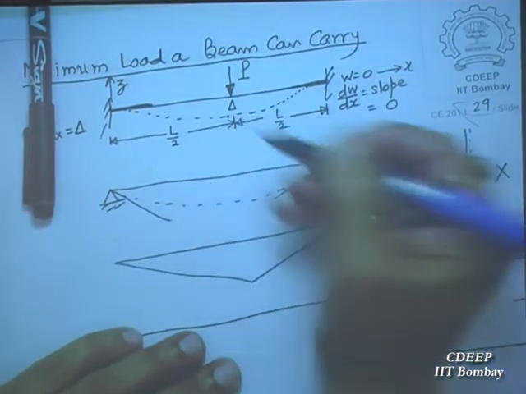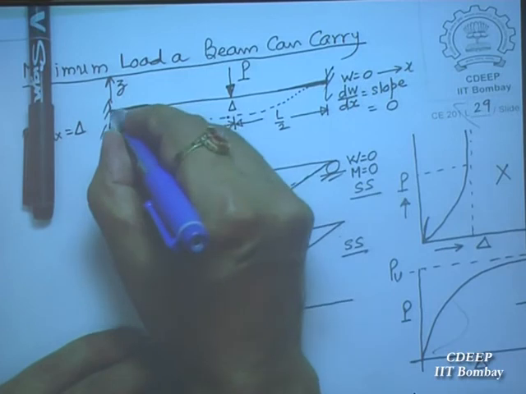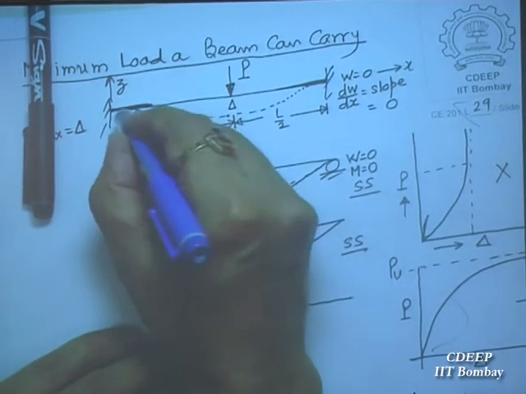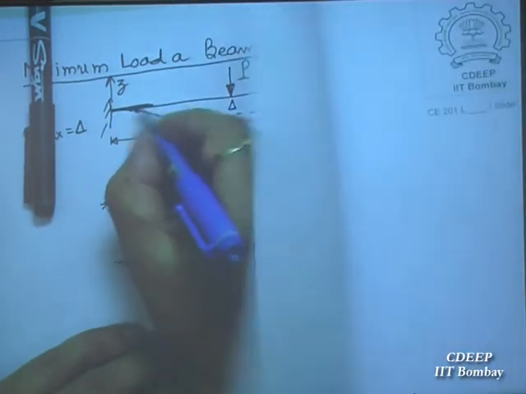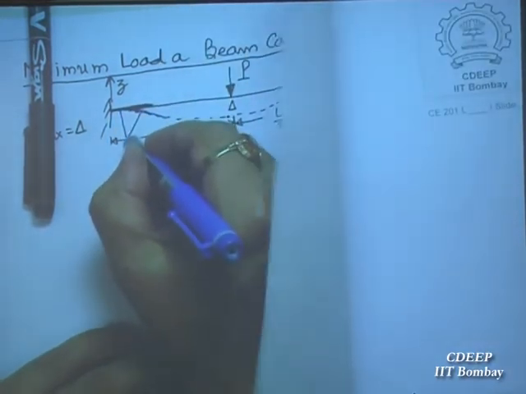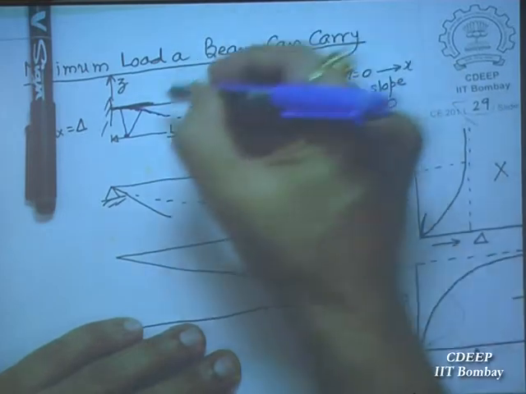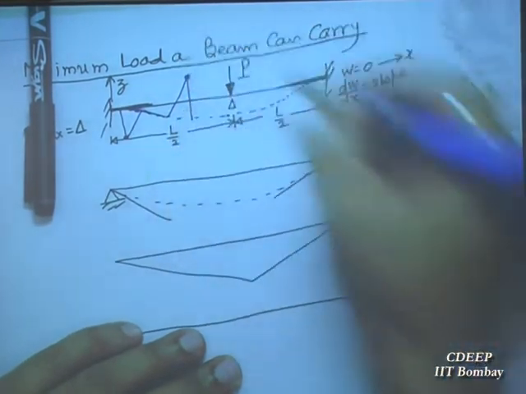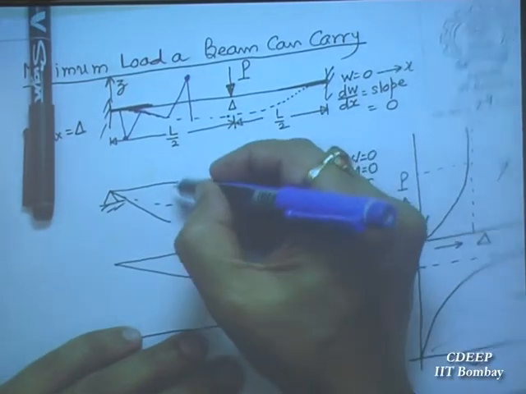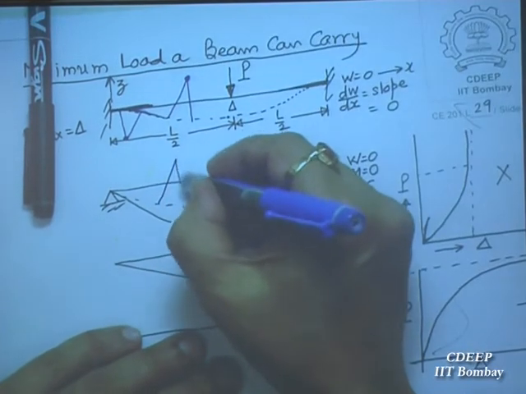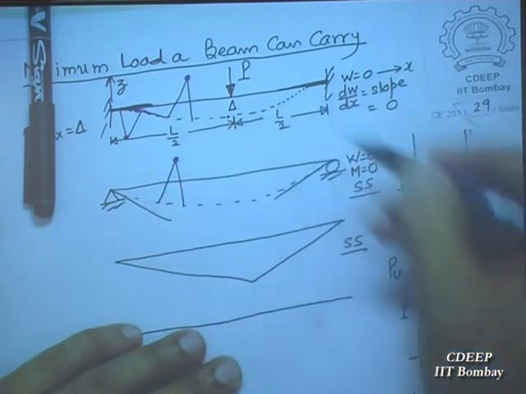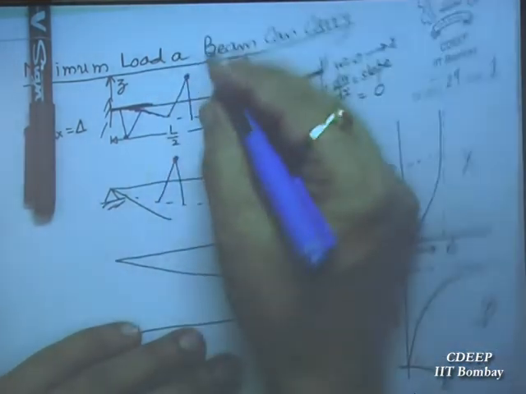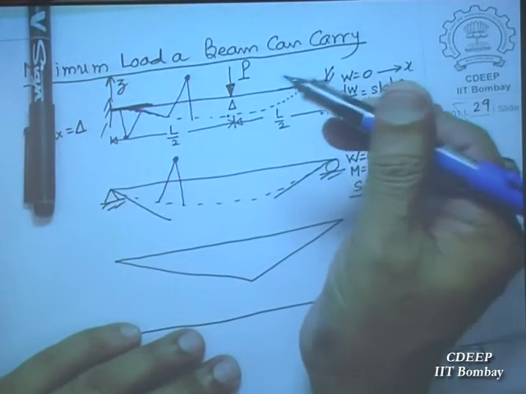This is the point of maximum bending moment, and here you are seeing that this curve is changing its curvature. Here the center of curvature is here, and in the central portion, the center of curvature is here. While in the case of simply supported, it is always on the top. No change in curvature.